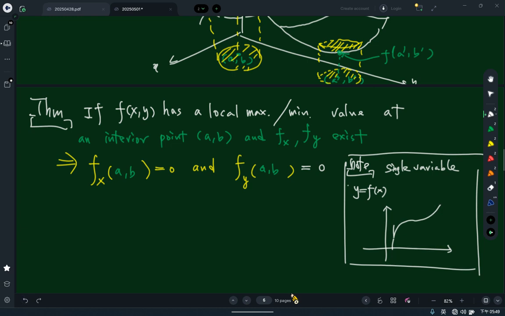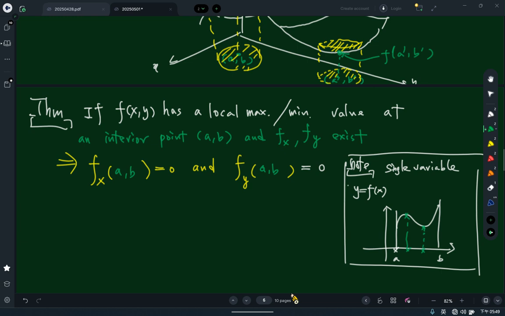Maybe the shape, I need to slightly adjust, something like that, right? This is A, this is B. So we say if we can find some interior point, like this point or this point, if we can get a maximum value, right?